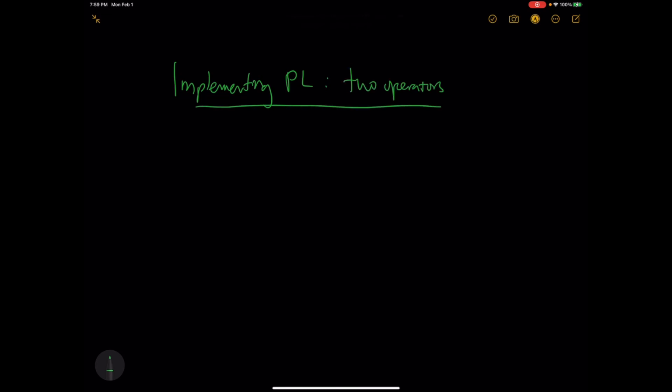So to sum this up, if you're implementing a programming language, there are really just two operators you need. And these two operators, addition and multiplication, can give you a lot of expressivity.